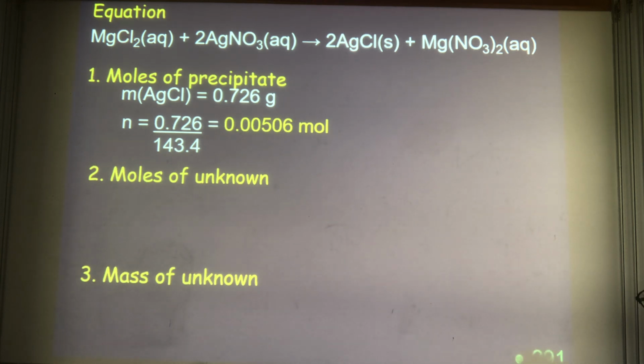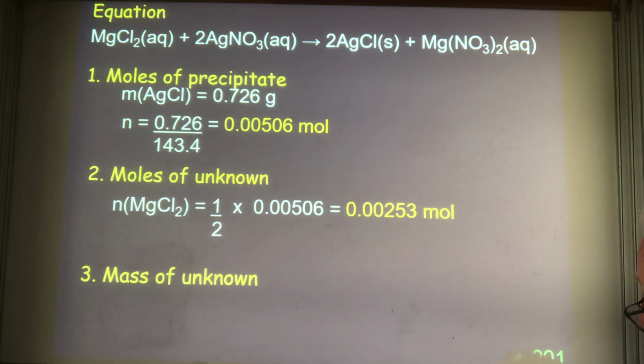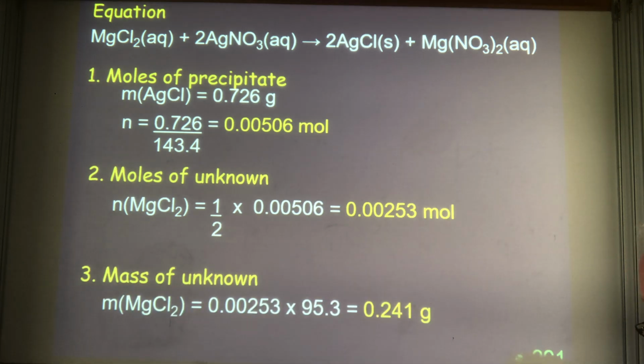We've got the silver chloride, which is 2. So it's going to be 1 over got is 1 over 2, to give us the moles of magnesium chloride. And then as before, third step is turning it into a mass to give us the mass of magnesium chloride in that sample of bath flakes.